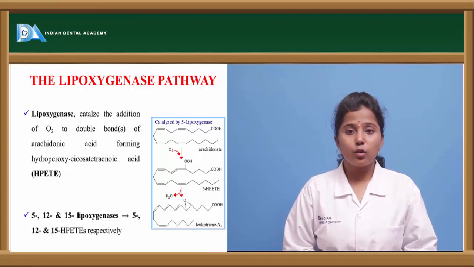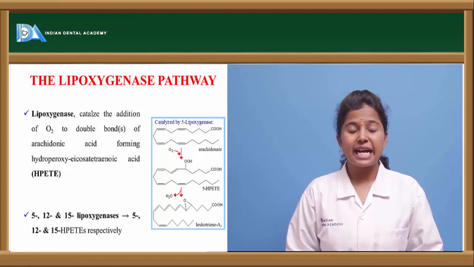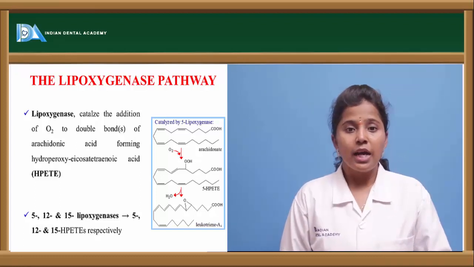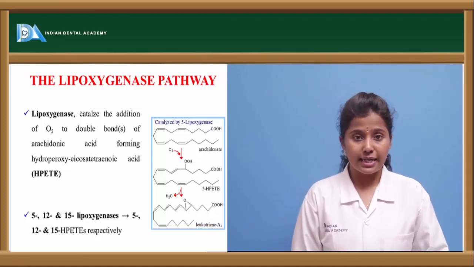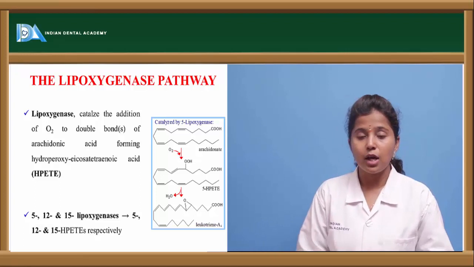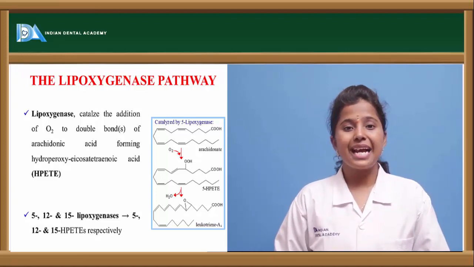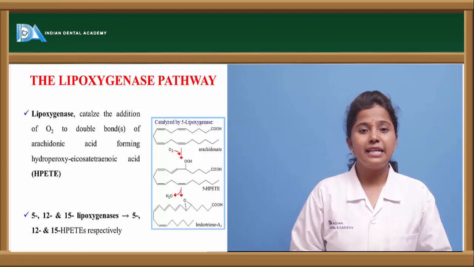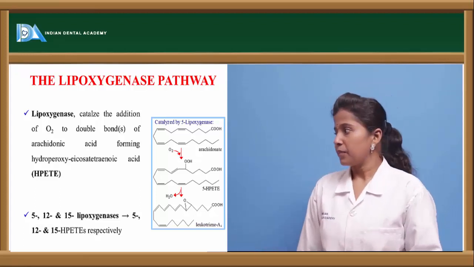When lipoxygenase acts on arachidonic acid, it forms HPETE, that is hydroperoxyeicosatetraenoic acid. From this the leukotrienes, that is LTE4, LTD4, LTC4, LTB4, are formed.